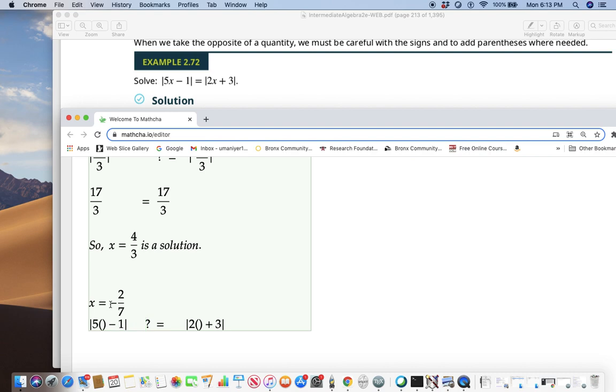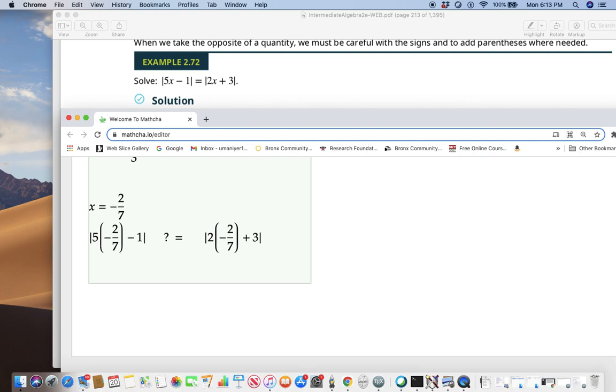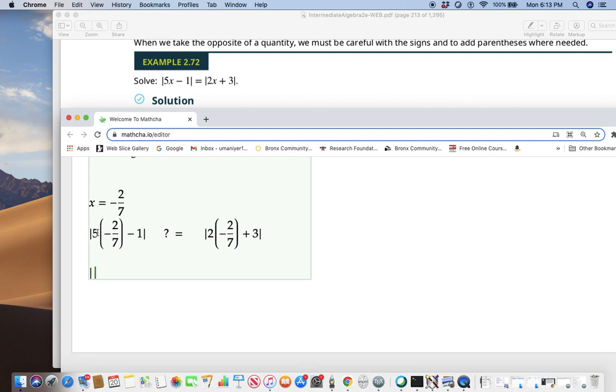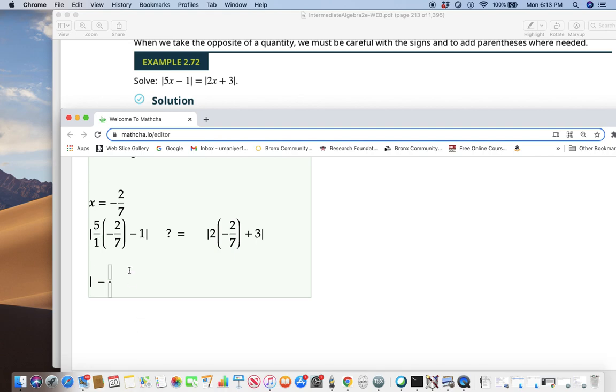All right, I'll place negative 2 sevenths inside the parentheses. Now, absolute value, multiplying, remember 5 was the fraction 5 over 1. Why did I convert it? Because this is a fraction. Multiplying across, so negative 5 times 2 is 10, over 1 times 7 is 7, minus 1.